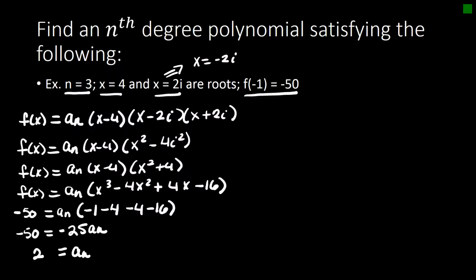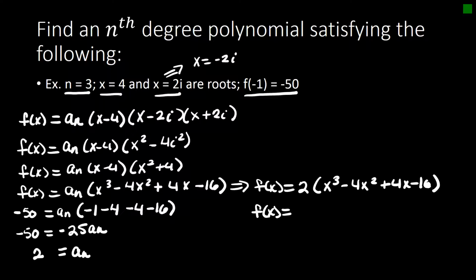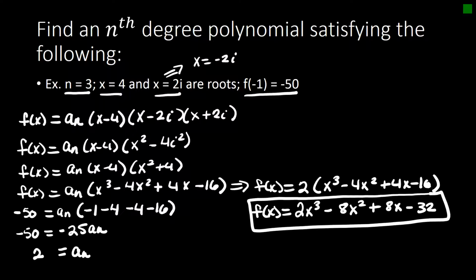So what this means for us is we're going to go back here. f of x is going to be 2 times x cubed minus 4x squared plus 4x minus 16. So we have 2x cubed when we distribute, minus 8x squared plus 8x minus 32 being our nth degree polynomial.